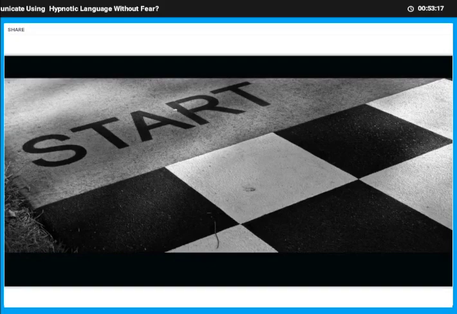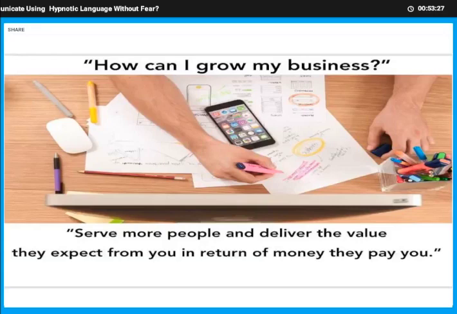And as I mentioned before, you must be committed to change your behavior, right? You got to take the action. You got to take the required action, should I add. Now, people often ask me, how can I grow my business?